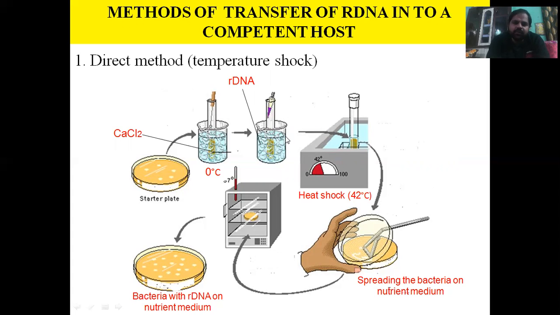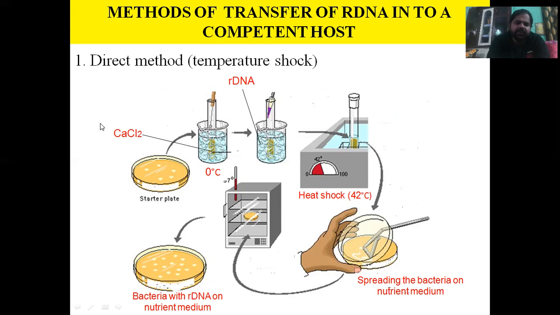This tube contains bacteria along with recombinant DNA. So when the pores of the bacteria, including the cell wall and cell membrane, open, then our recombinant DNA will be inserted inside the bacterial cell. By this method, our recombinant DNA has been inserted inside the bacterial cell.